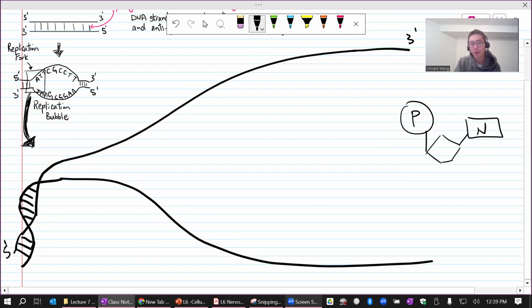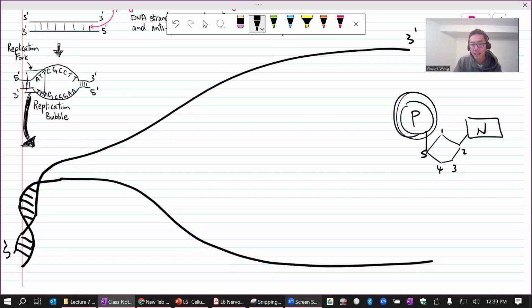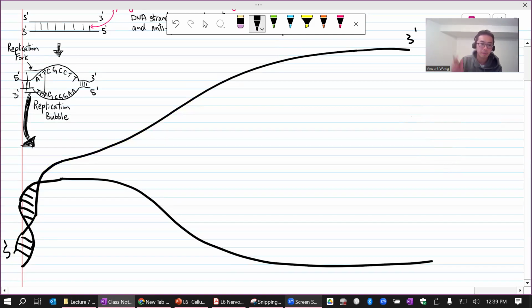The carbons on the ring are actually numbered: 1, 2, actually there might be an oxygen there somewhere, but 1, 2, 3, 4, 5. So the phosphate is attached onto carbon number 5 at one end. That's why we call it 5 prime. And the 3 prime is the other end. So it's just the carbon numbers. Don't get too hung up on that.